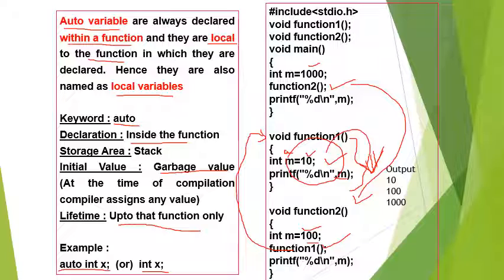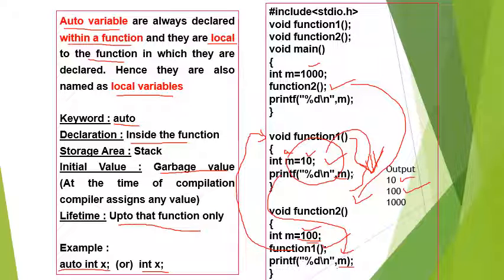That means it will print 10. Then it will return to function two. From there it is printing m. So inside this function two, what is the value of m? It is 100. Then it will print 100 here.